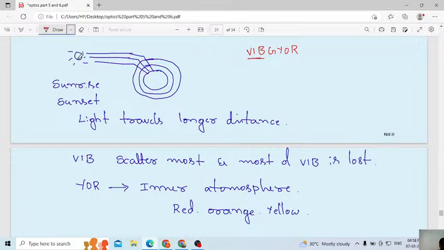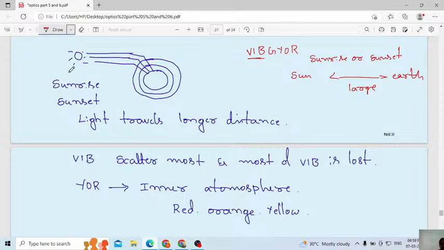But at the time of sunrise or sunset you can observe there is a large distance between the sun and the earth. This is the case of sunrise or sunset, the distance will be more.